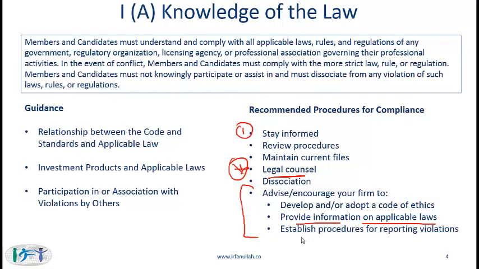You should encourage your firm to establish procedures for reporting violations. In other words, it should be easy for an employee to report violations, because that in and of itself becomes a deterrent for others to commit violations.